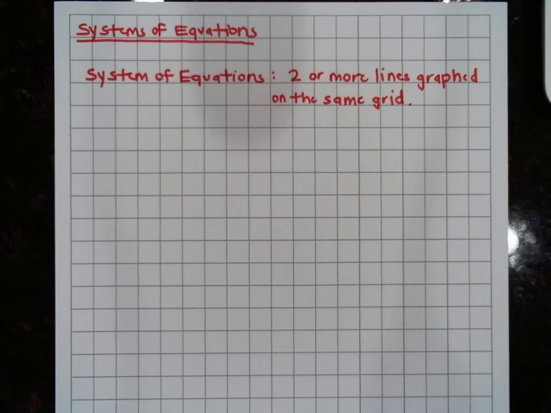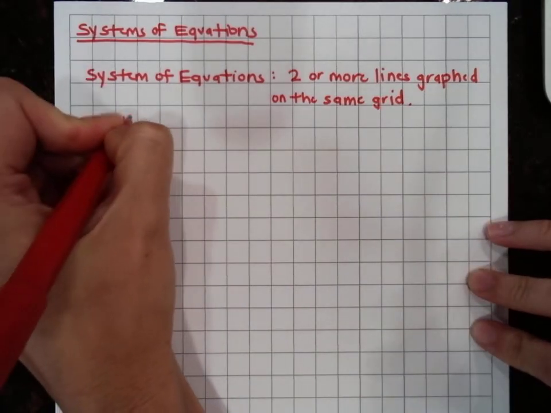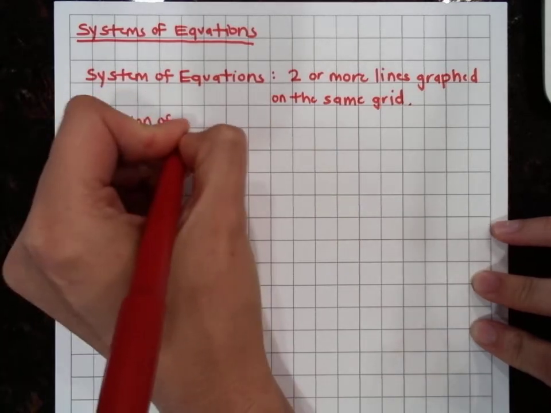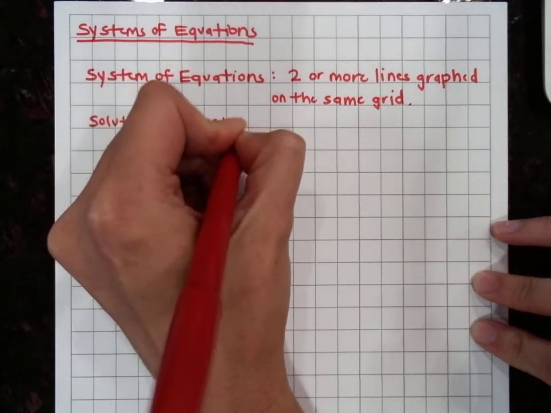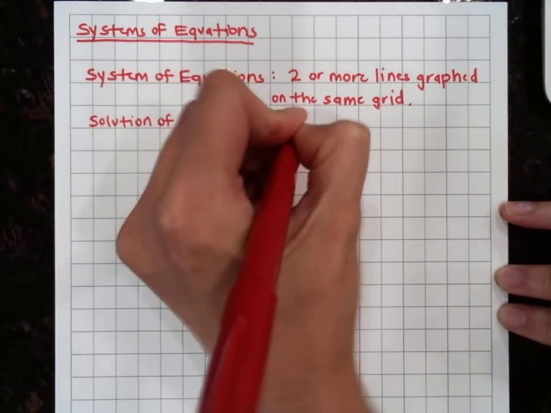Okay, and then we're going to be finding the solution to a system. So what are we talking about when we say the solution of a system? It is the point where the lines cross.